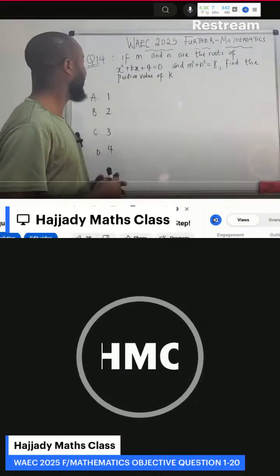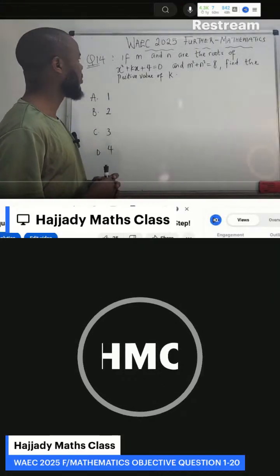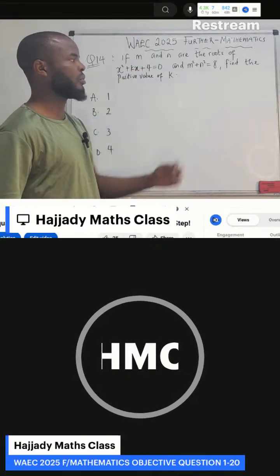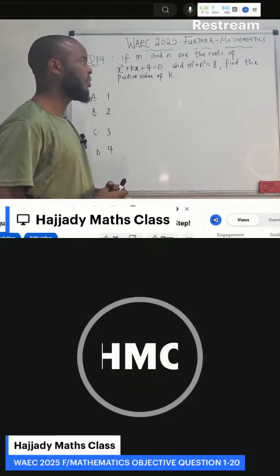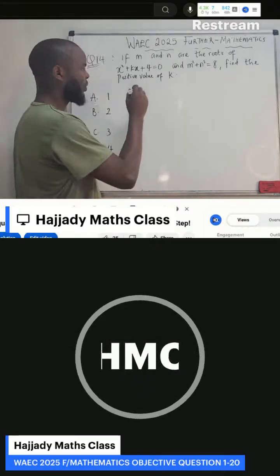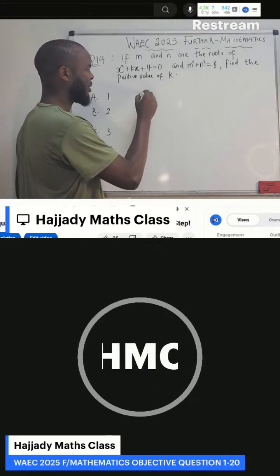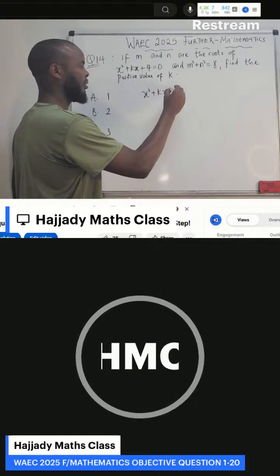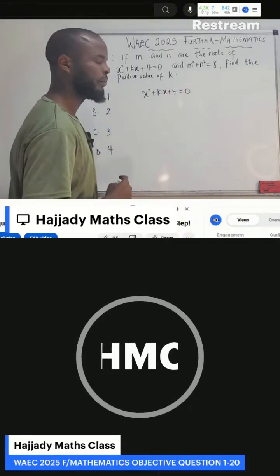Question 14. It says, if m and n are the roots of this equation, and m squared plus n squared equals 8, find the positive value of k. Now, let's go back to something here. Here we have the equation given to us as x squared plus kx plus 4 equals 0.